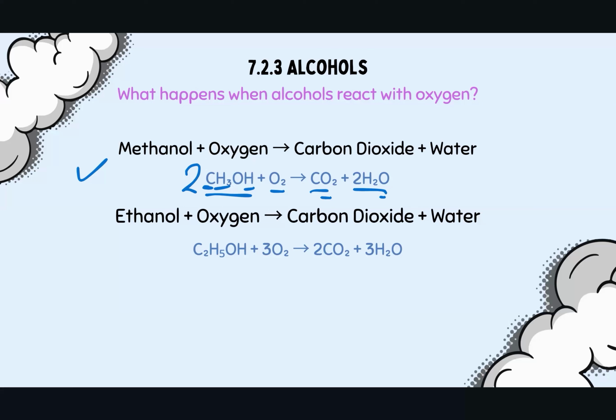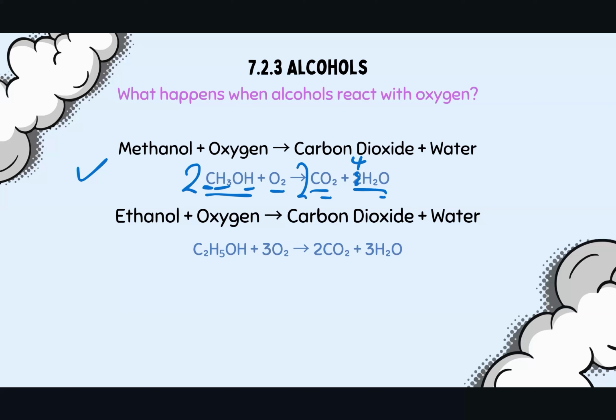But now you've got 2 carbons. So we put a 2 here. And now we've got 8 hydrogens. So instead of a 2, you turn that to a 4.